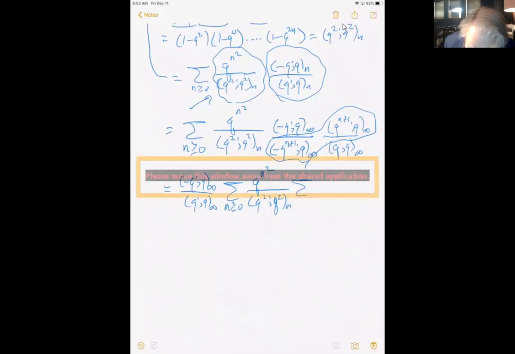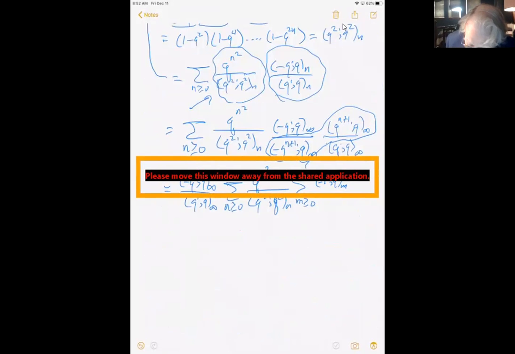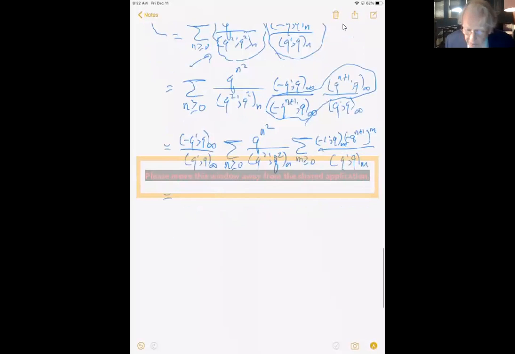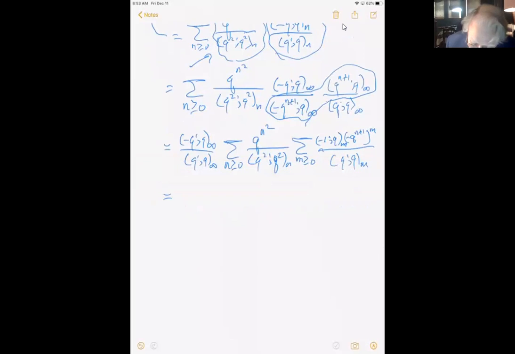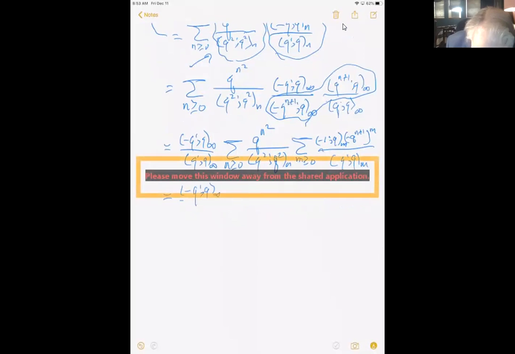So this would be the summation m greater than or equal to 0 of minus 1 semicolon q sub m, and then q, minus q to the n plus 1 raised to the mth power divided by q sub m. So far this doesn't look terribly fruitful, but we proceed as Ramanujan did often, just to see where something would lead.